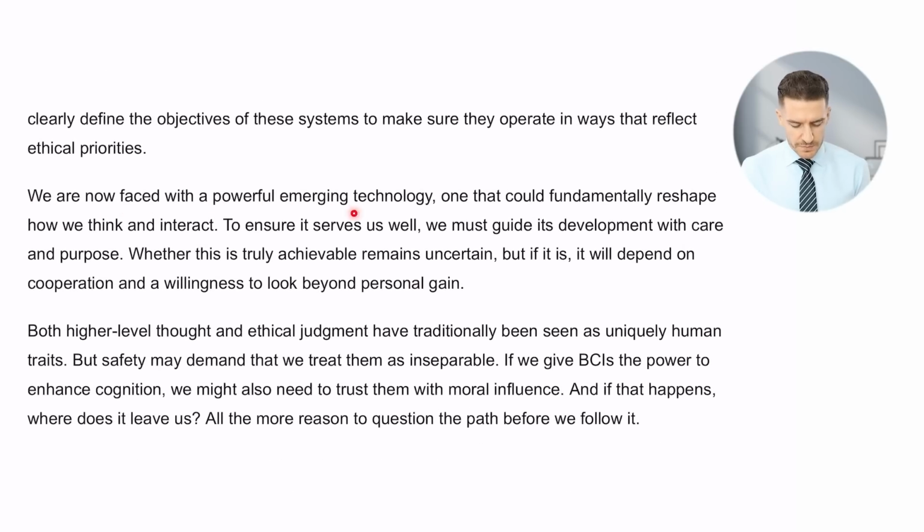We're now faced with a powerful, emerging technology that has a similar meaning to new technology, not the same, but similar. To ensure it serves us well, we must guide. Okay, to ensure that it helps us, we must guide its development with care and purpose. Whether it's truly achievable remains uncertain, but if it is, it will depend on cooperation and a willingness to look beyond personal gain.